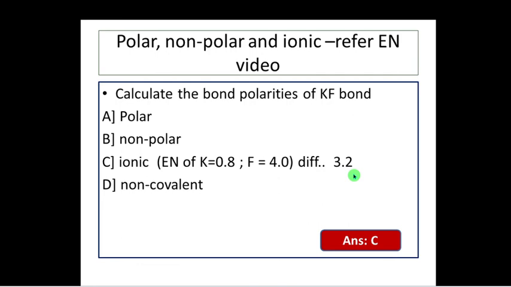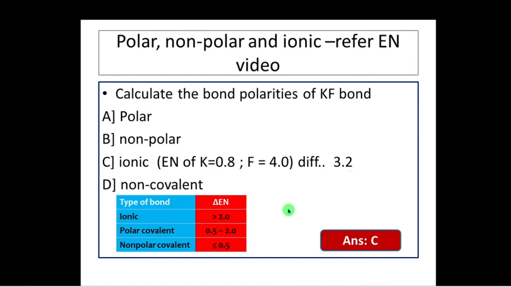Based on the difference in electronegativity, it is ionic in nature. Why is it ionic? Because the electronegativity difference between K and F is greater than 2, the bond becomes ionic in nature. So the KF bond polarity is ionic.